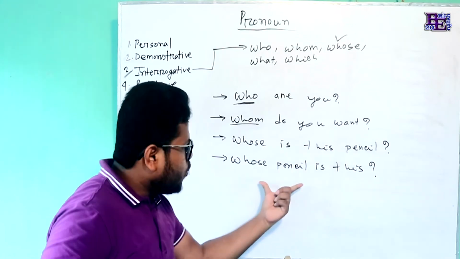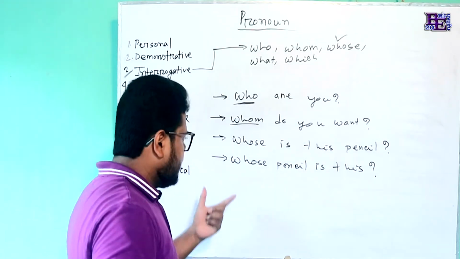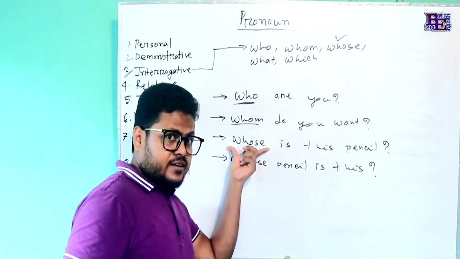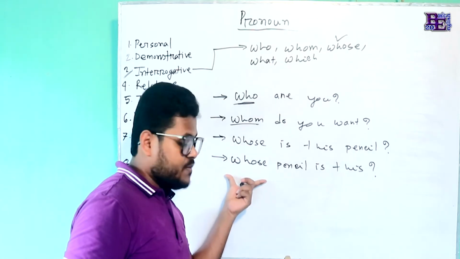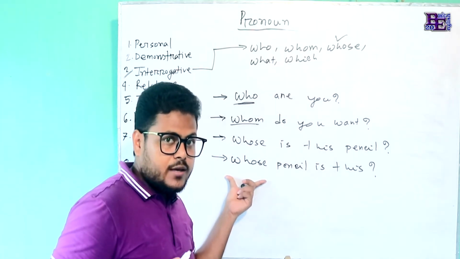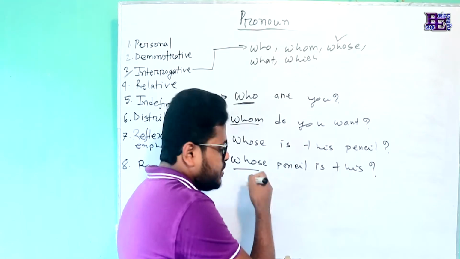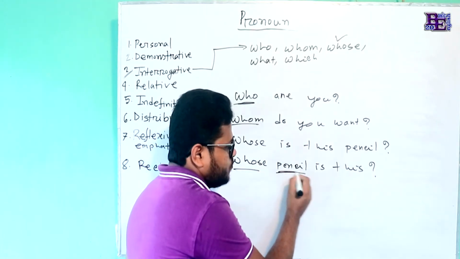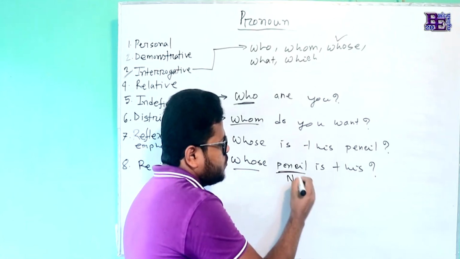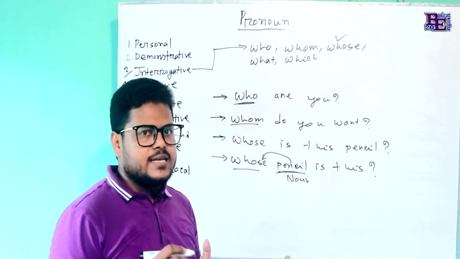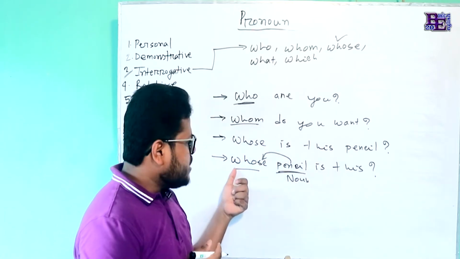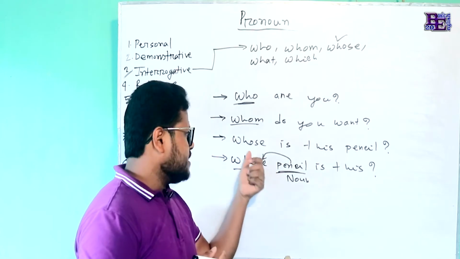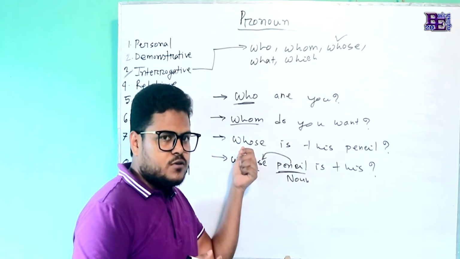Then this is also a question, but here it has been used as an interrogative adjective. Why? Because after whose, in the second sentence, you will get a noun. If we use any word before a noun, then it will work as an adjective. That's why whose here has been used as an adjective, but in the first sentence as an interrogative pronoun.